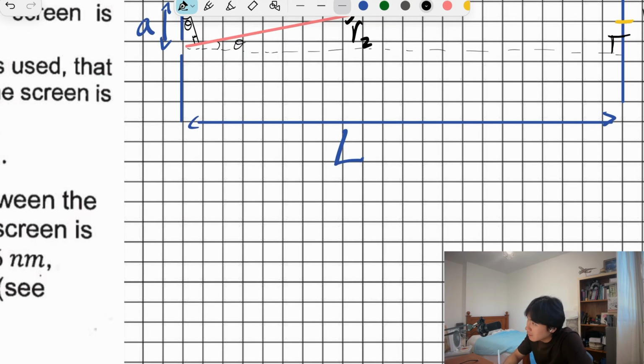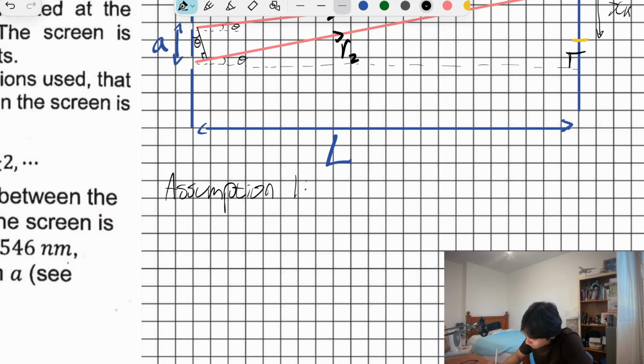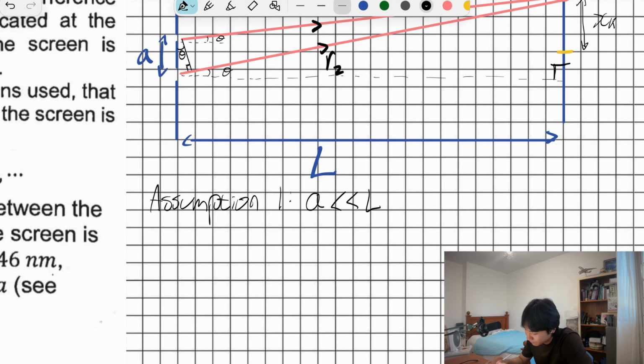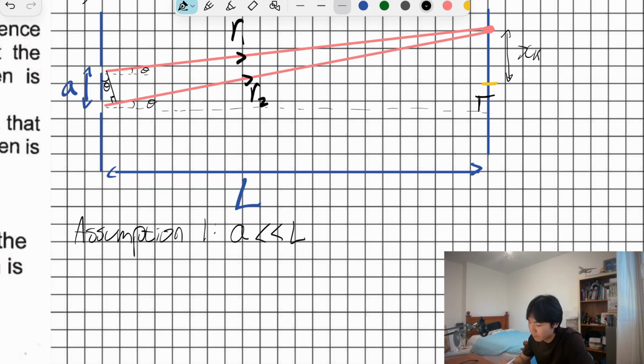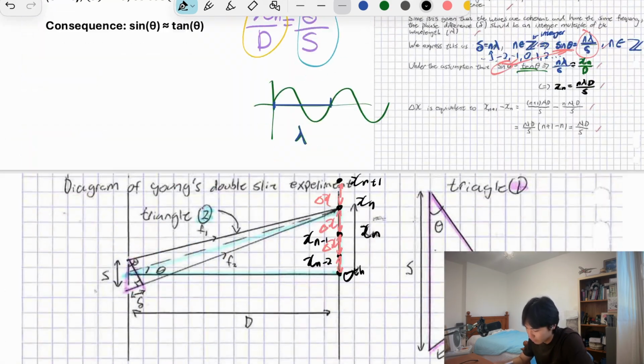Okay, let's state assumption 1. We said that the slit size A is much, much smaller than the distance between the slit and the screen, right? We're assuming this. This was our first assumption, if you remember, which I wrote here.